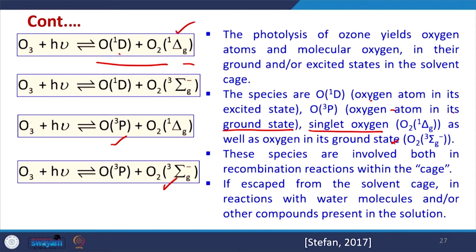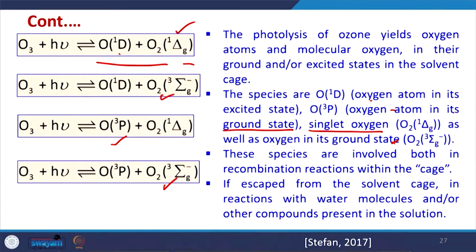So, it is possible that these may be getting produced. Now, these species are involved in recombination reactions within the cage. But we always wish that recombination within themselves should not occur.